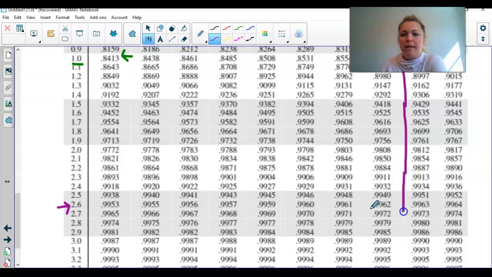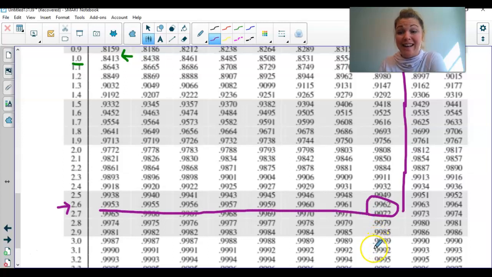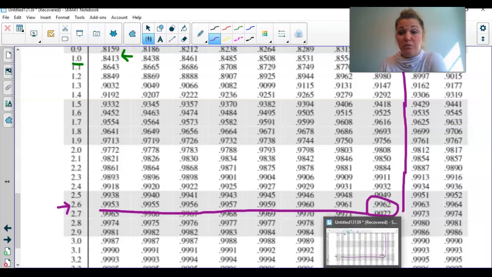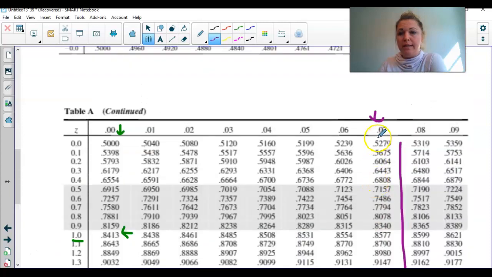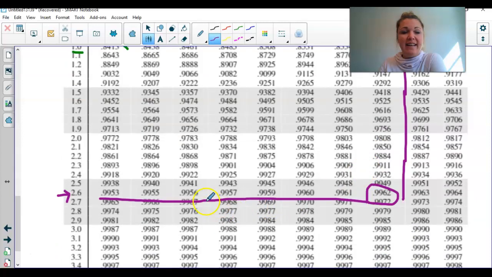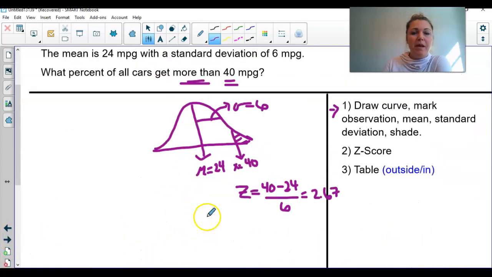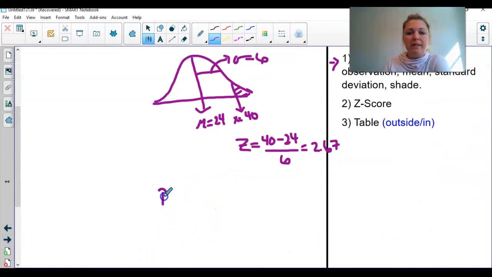And I'm going to see now where this intersects. And it looks like it intersects right there at 0.9962. Okay, 2.67, 0.9962. Okay, so that's what their p-value is.